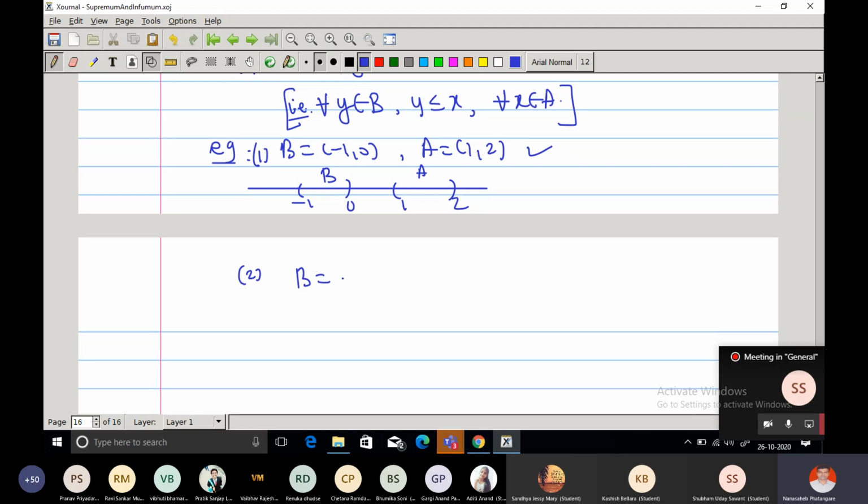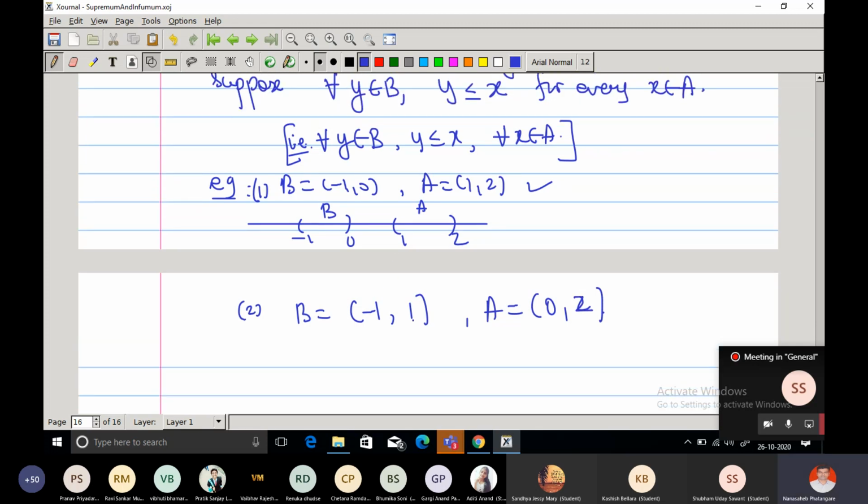So you can see another example. B is equal to -1 to 1 and A is equal to 0 to 2. Will these two sets satisfy this condition? No, right? Because, for example, y is equal to 1 in B and x is equal to half in A, so y less than or equal to x is not satisfied.